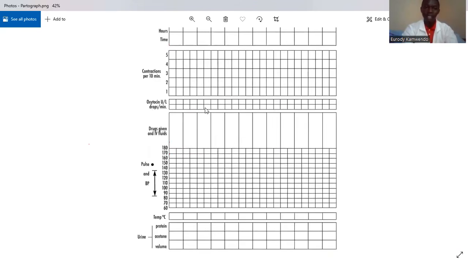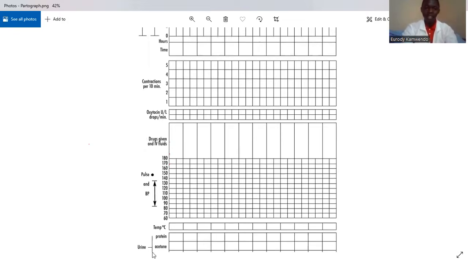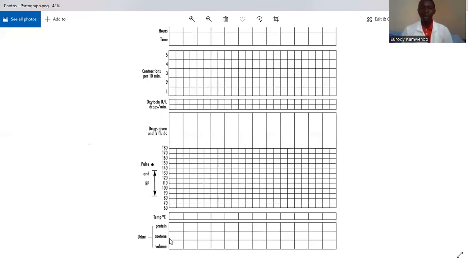Then oxytocin, indicate that it has been given, and also record the drops per minute. Record if there are any drugs given, then check the mother's pulse, and check the urine at least 2 to 4 hourly. So this is how you record the Partograph, and how you record it will depend on the parameters that this particular client has during your OSCE examination. So we'll end here.